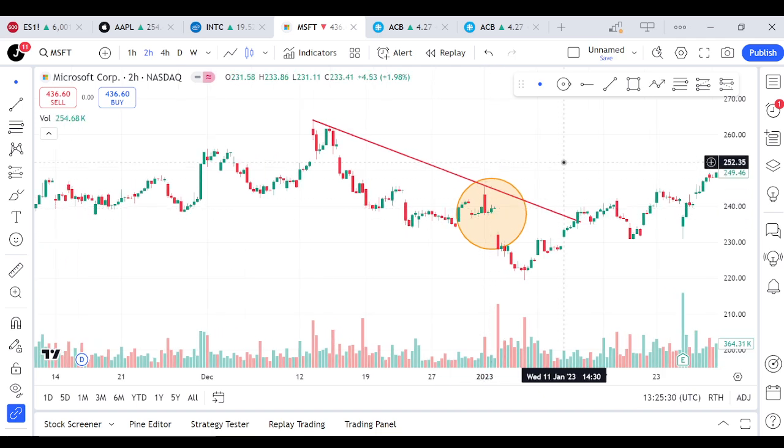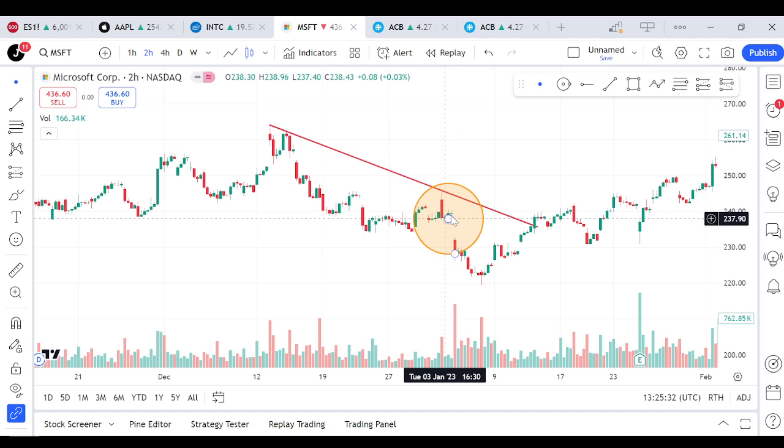Remember what we just discussed, three small bullish candles contained within the range of the first candle, and then the fourth candle, the last candle of the pattern, closing below the close of the first candle. In this case, this fourth candle actually gapped way below and closed right here.